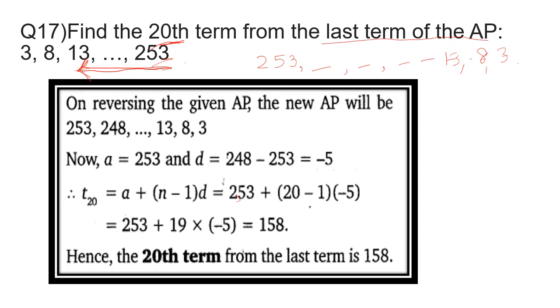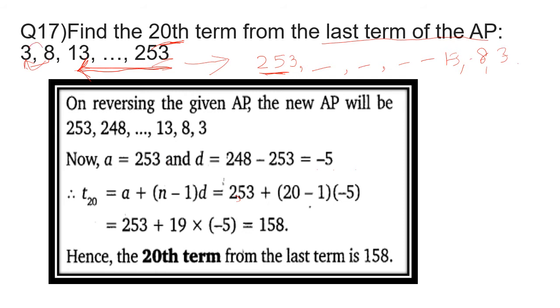That is why I have rearranged my AP. So this is my first term. Can you find the second term? As you can see here, what is the difference? 8 minus 3 is 5, or you can say 3 plus 5 is equal to 8.